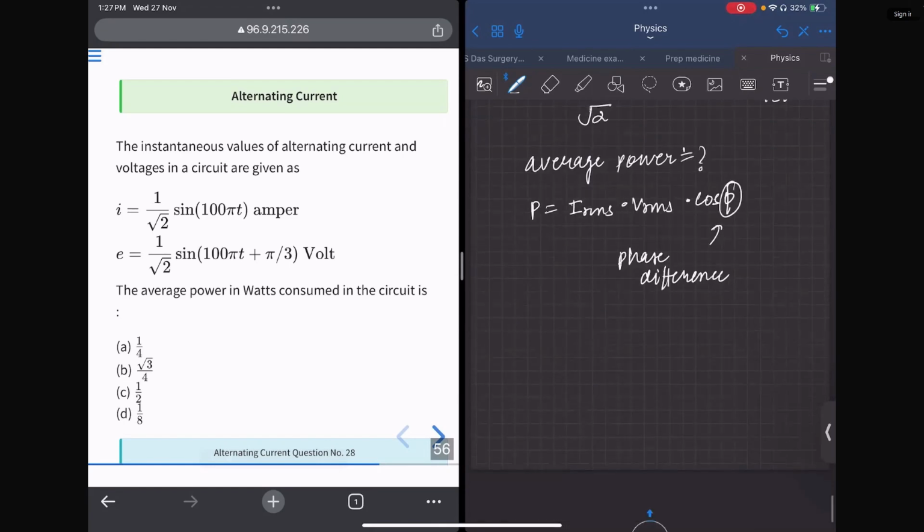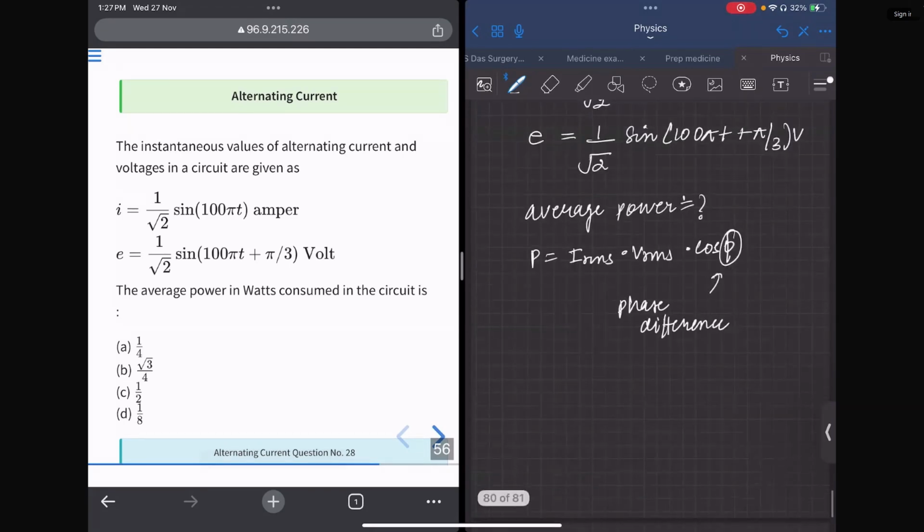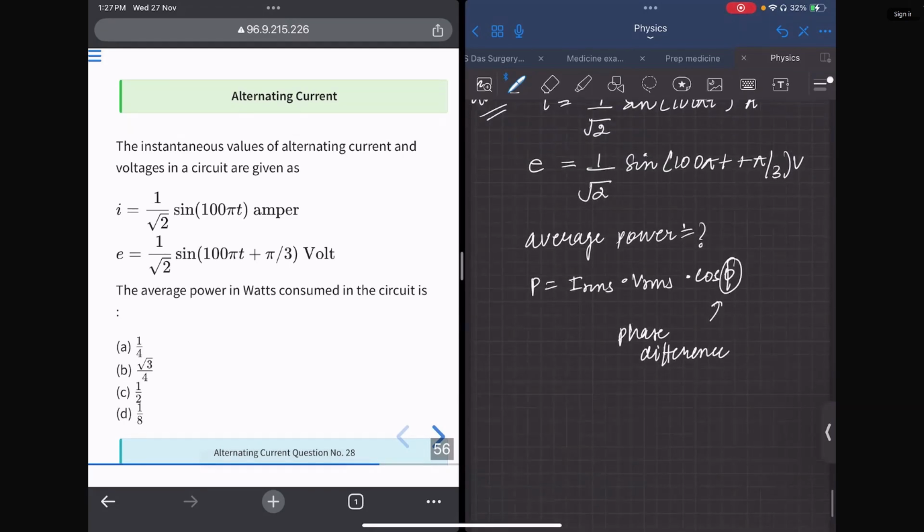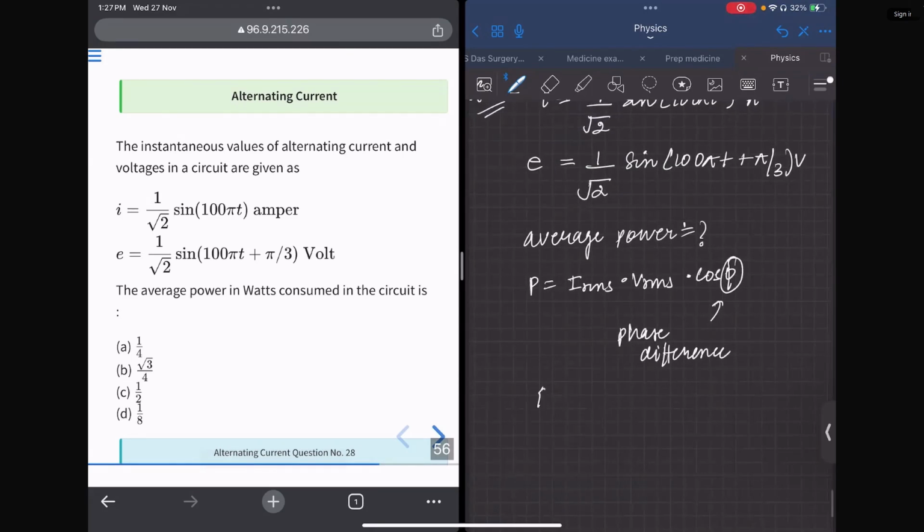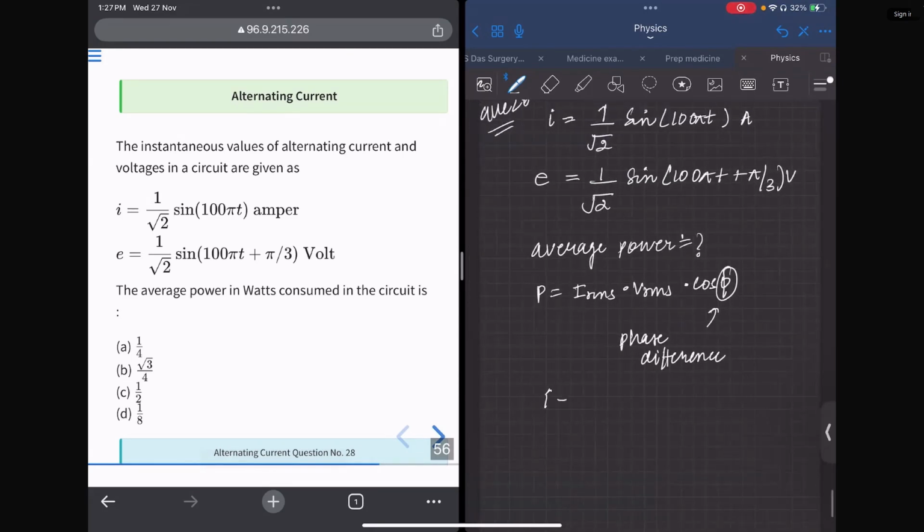Okay. So how do we calculate the value of IRMS and VRMS? The general representation for current is I equal to I naught sine omega t, and V is equal to V naught sine (omega t plus phi). Okay.